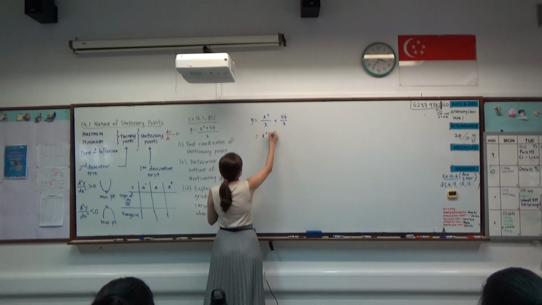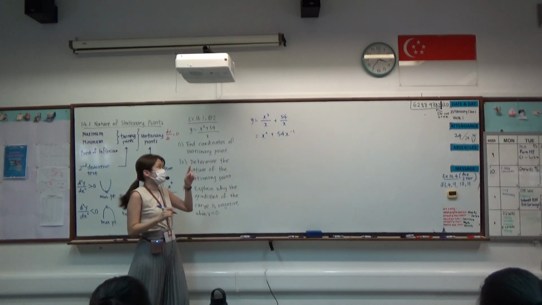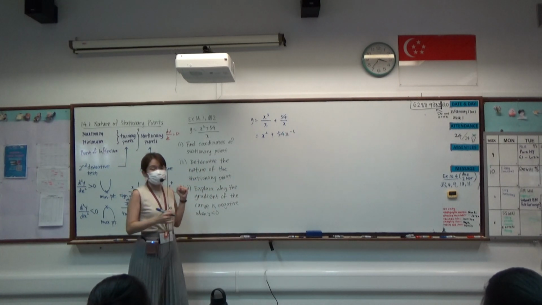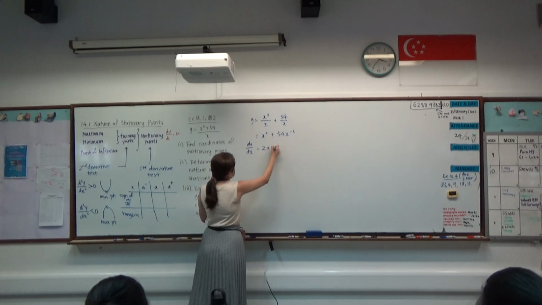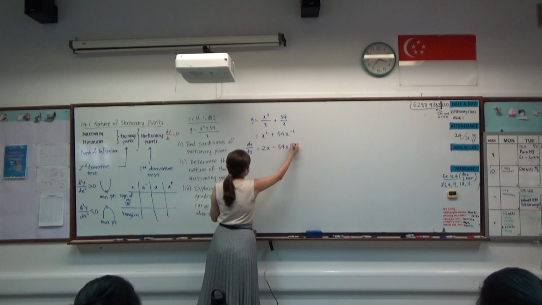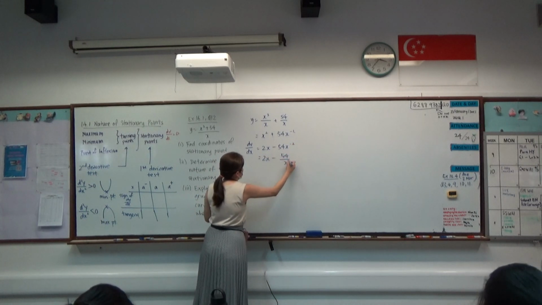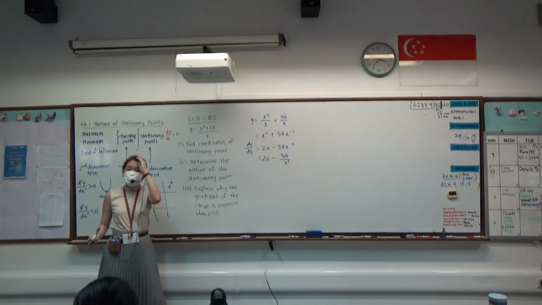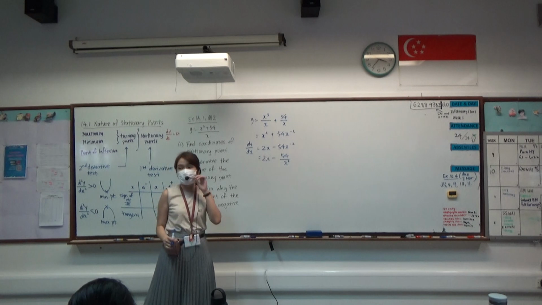So we get x squared plus 54 x to the power of negative 1. You may find that this is slightly easier to differentiate. Although doing it by the quotient rule is not an issue as well. If you want to do the quotient rule, no problem, just that sometimes the quotient rule might be slightly longer.